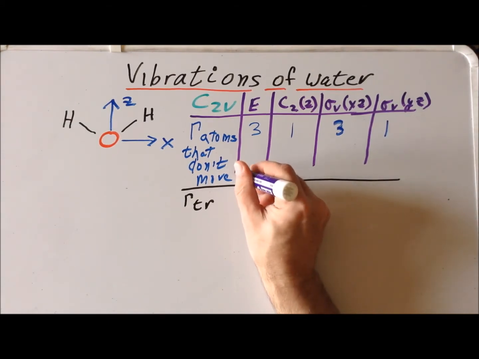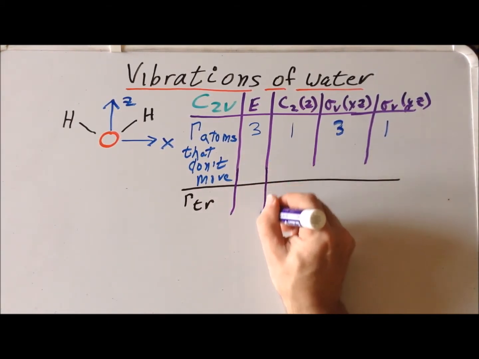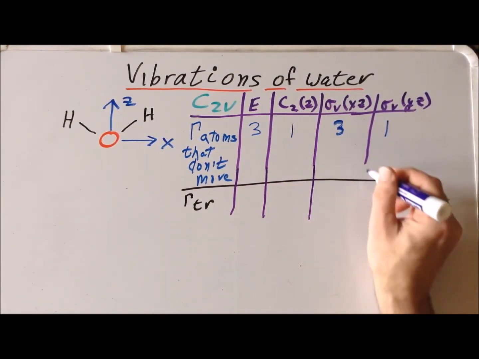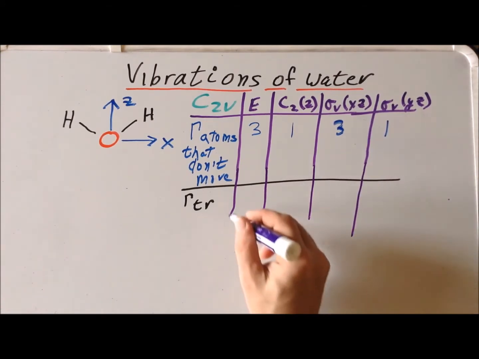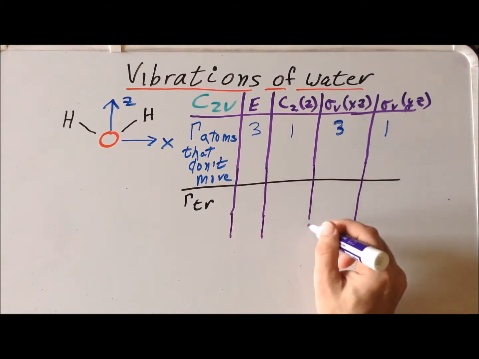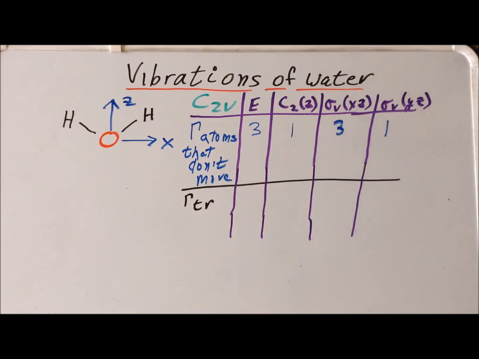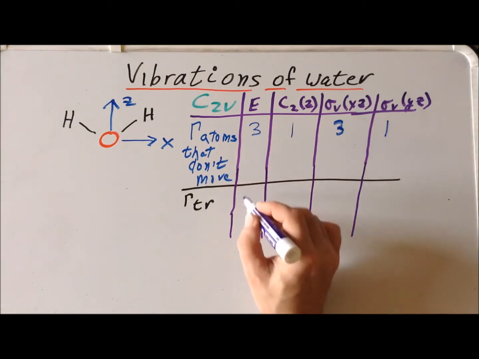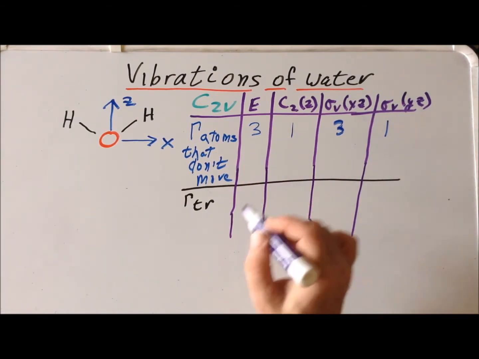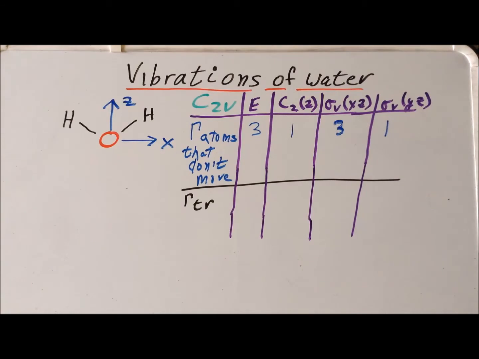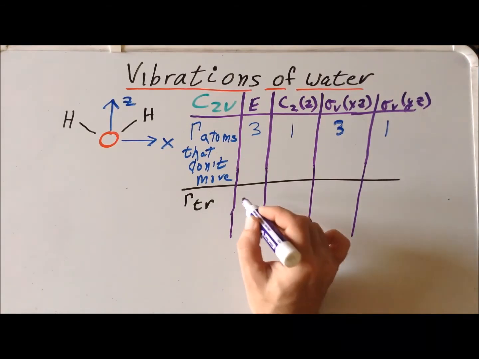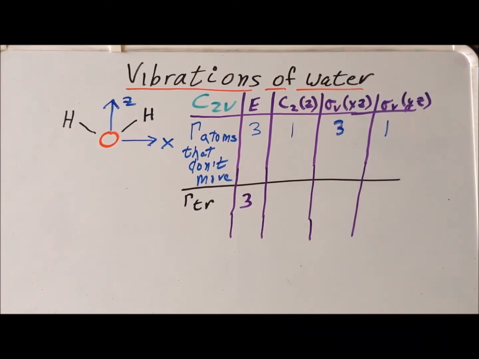The trace is just the sum of the entries along the diagonal of that 3x3 matrix. For E, E has 1s along the diagonal. It has 1, 1, and 1. So the trace for the E matrix, which is the same as the identity matrix in R3, is 3.